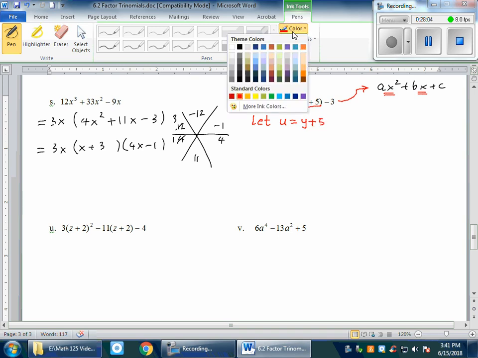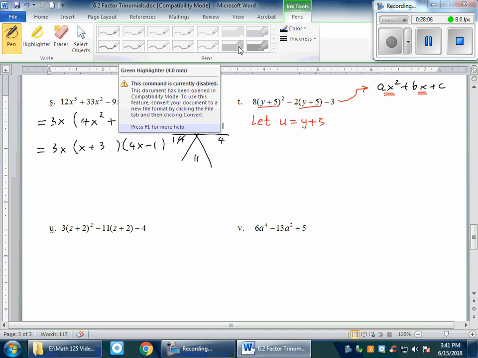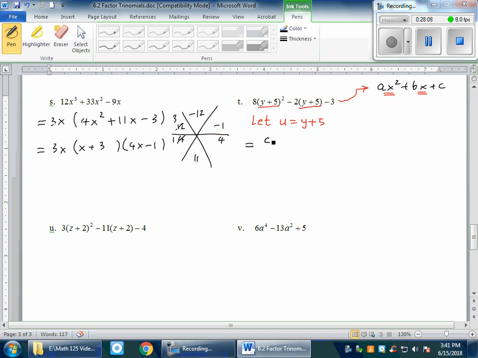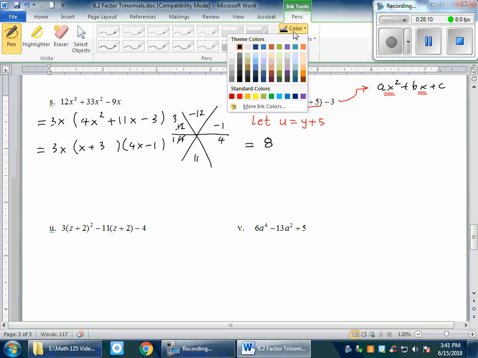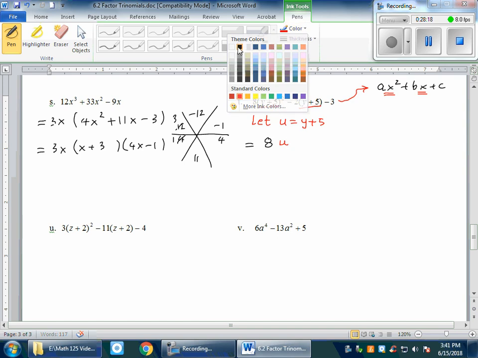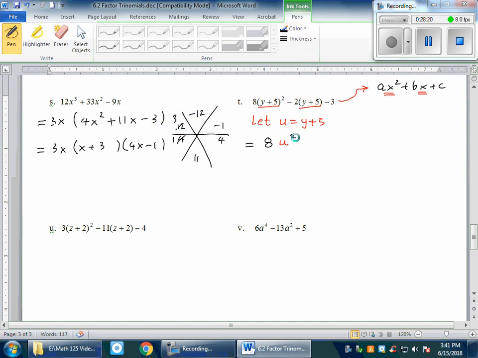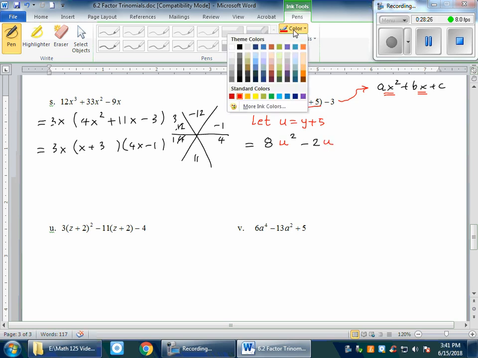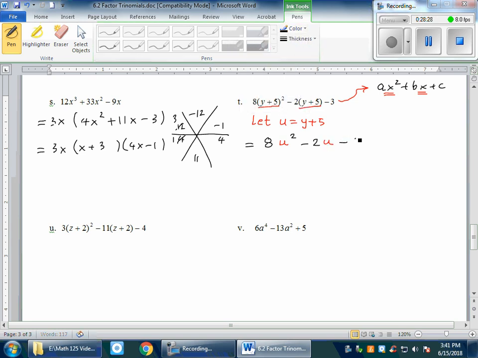So with this, now my original problem becomes 8 times, instead of y plus 5, that y plus 5 will be replaced by u, and then square it. Minus 2 times, and y plus 5 will be replaced by u, and then minus 3.